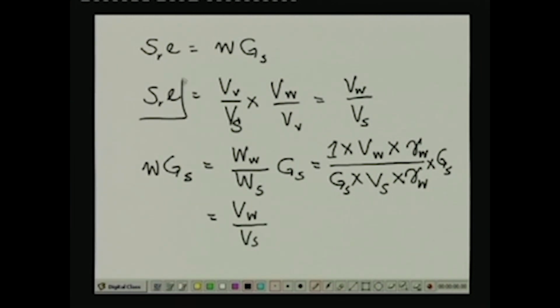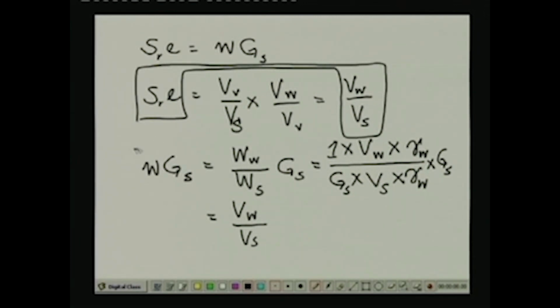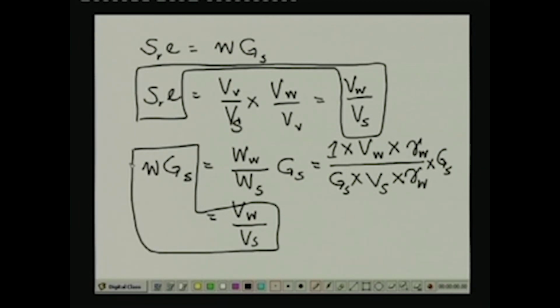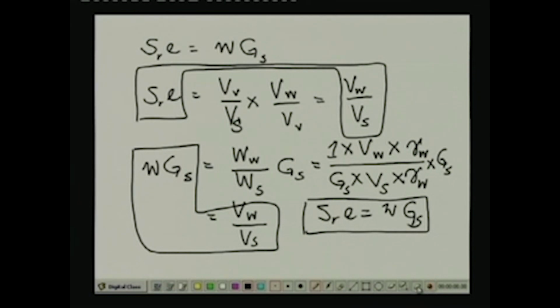What you end up getting is S_r and w G_s have the same right hand side. So, what we get then is S_r multiplied by e is equal to w times G_s. That is our final result in this case.